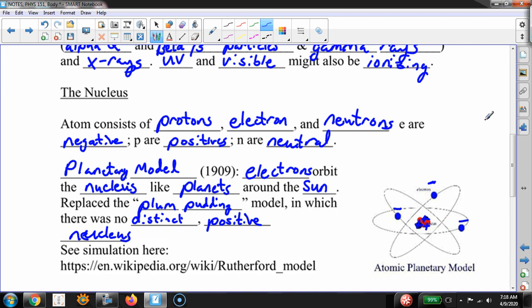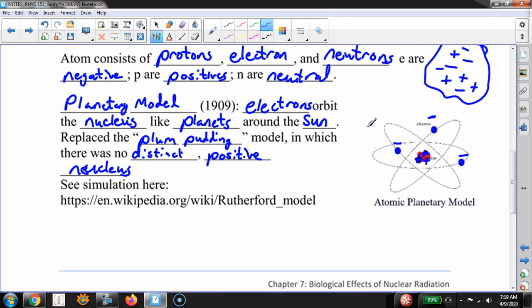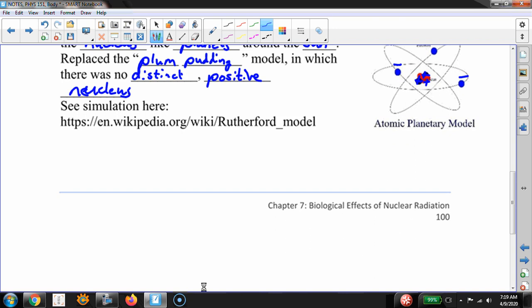But in the plum pudding model, an atom was just seen sort of as this amorphous blob, and we had positive and negative particles that were all commingled with one another. Okay, I have a simulation. I'll post a link to this, the Rutherford model, on the website.